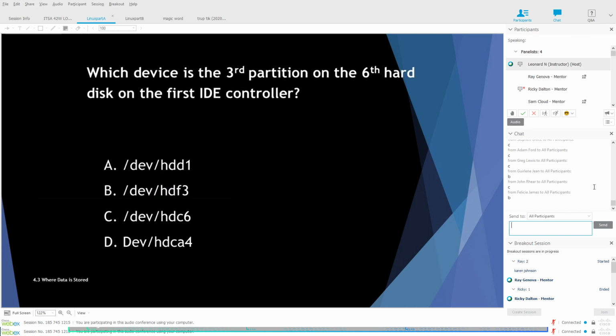Which device is the third partition on the 6th hard disk on the first IDE controller? We have some B's and some C's. So this is another one of those that is kind of funnily worded.